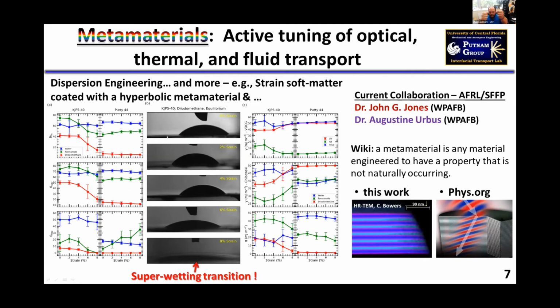So we pull the Kapton. So we start changing the electron density, or the charge carrier density, and we start softening the lattice as we strain it. And how does that influence the frequency dependent dielectric constant? You can see here that when we go down and we strain it enough, suddenly it becomes super wetting.